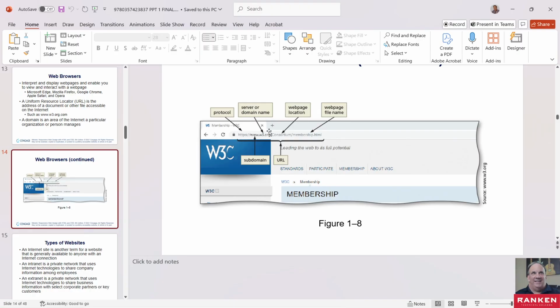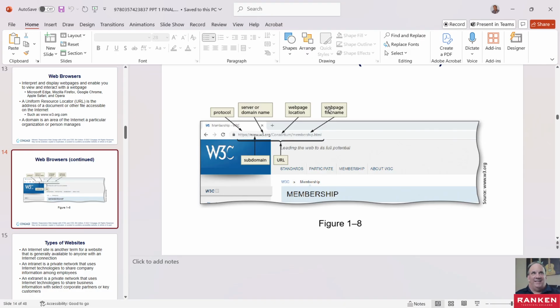Then your server, your domain name. In my example from earlier, ESPN.com is your domain name. Then you have what's called a web page location, and all of these depend on how something is configured. Different websites have things configured differently, but sometimes you have a web page location and then a specific file.